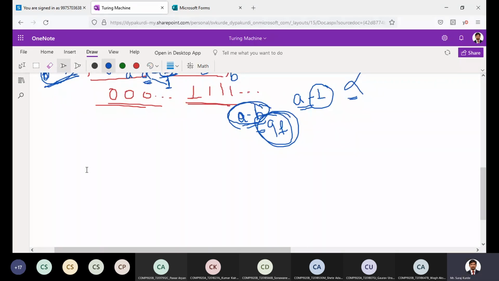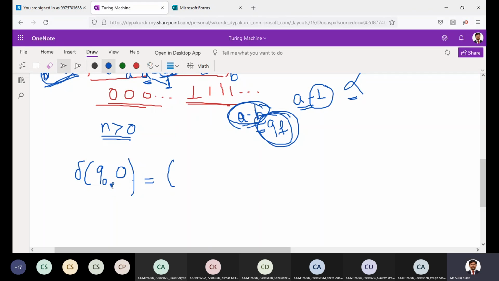So let me write the transition. Delta Q0. Initially, it should read 0. Let me write the condition, n greater than 0. If it finds 0, then what to do?